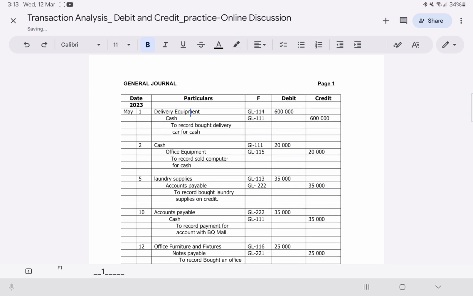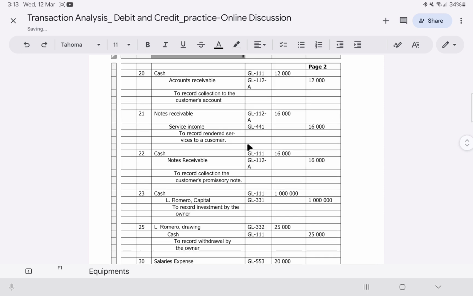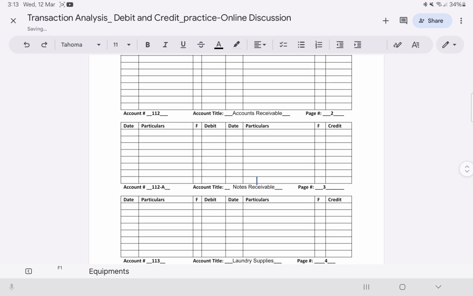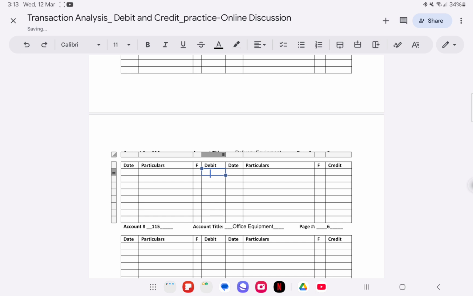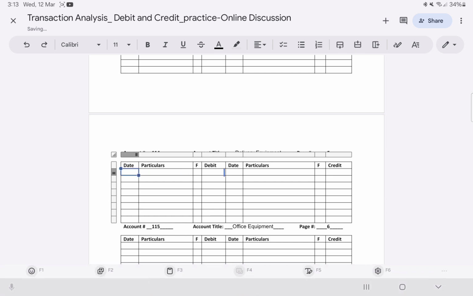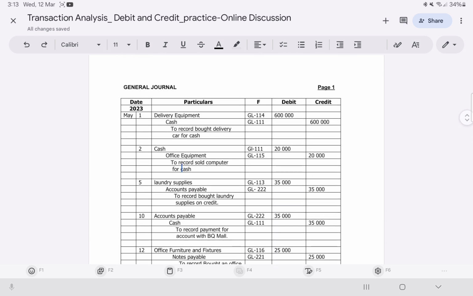Since your debit is delivery equipment, record first the delivery equipment 600,000 on debit. Find the delivery equipment, debit 600,000. Since this is your debit, and the transaction is 2023. What's your particulars, your explanation here?